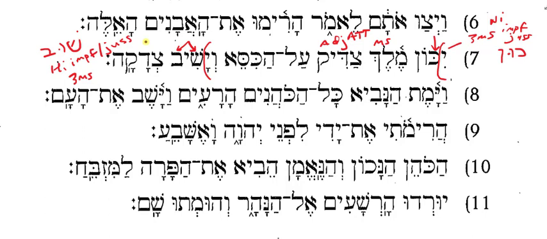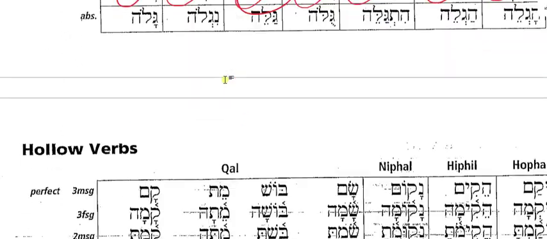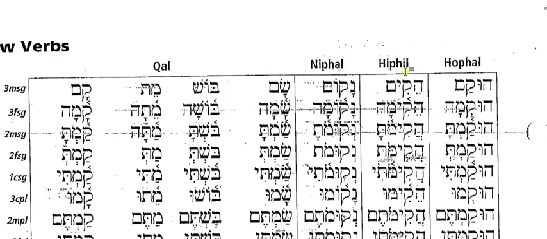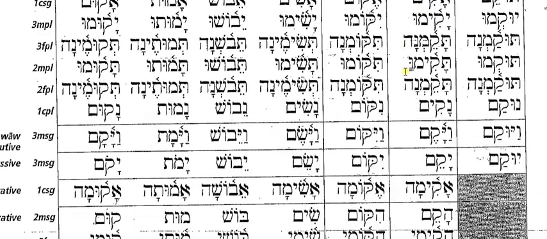Can we tell the difference? No? Usually we cannot, but let's take a look here. Go to our hollow verbs, and hifil is the second to the last one here.